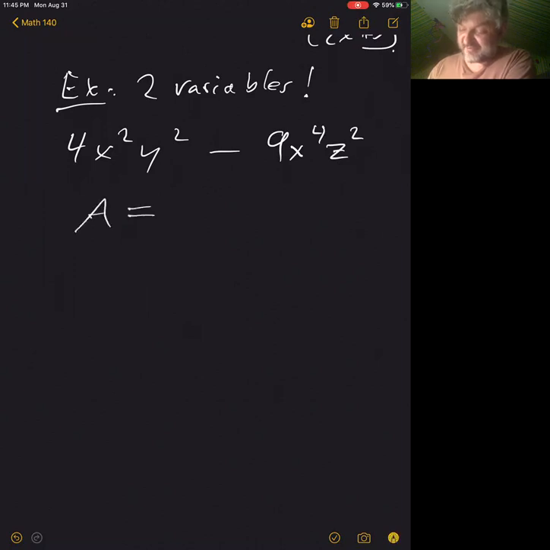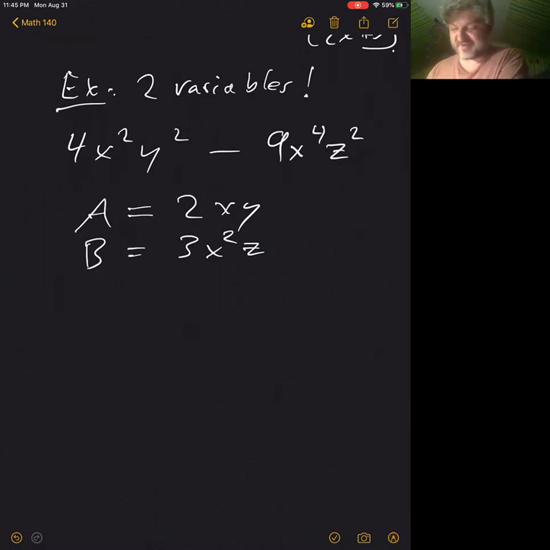So a is what? 2xy. And b is what? 3x squared z. That'll do the trick. If you take the opposites, you will get the same answer eventually. But those two choices for a and b will do the trick. We have a squared minus b squared.